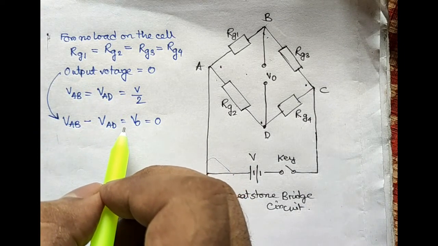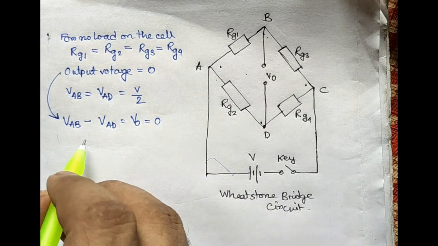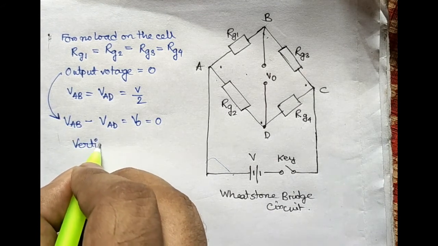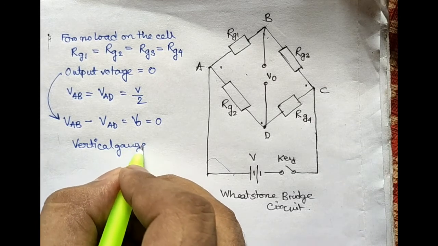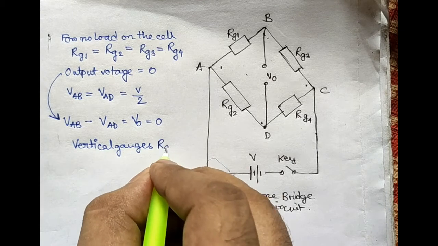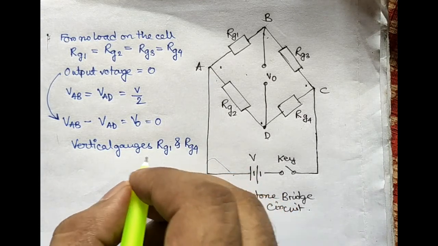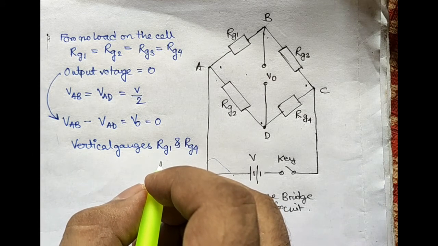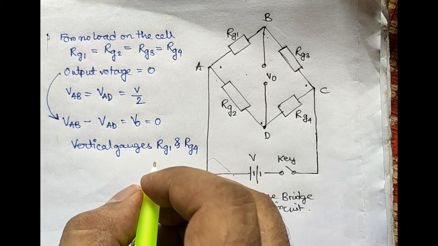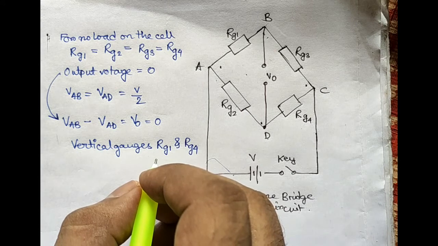Now on the application of a compressive load to the unit, the vertical gauges, that means RG1 and RG4, undergo compression, that means a negative strain, and therefore there is a decrement in resistance.